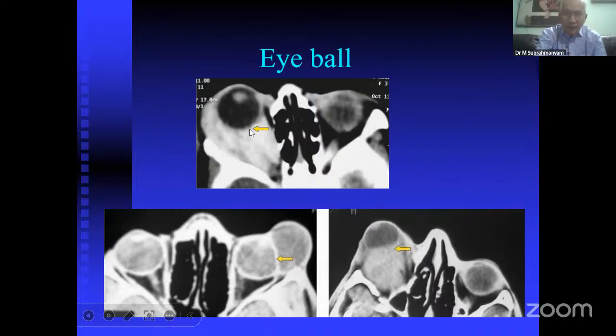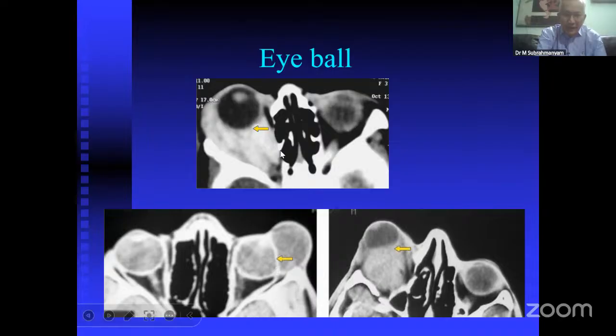The normal contour of the globe is not changed at all. This is called molding. The mass is wrapping around the eyeball without changing it. This happens, as I said earlier, in lymphoma, fungal granuloma, and in case of lacrimal gland masses, adenoid cystic carcinoma of the lacrimal gland.